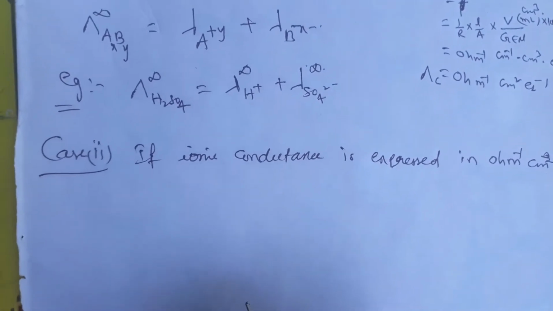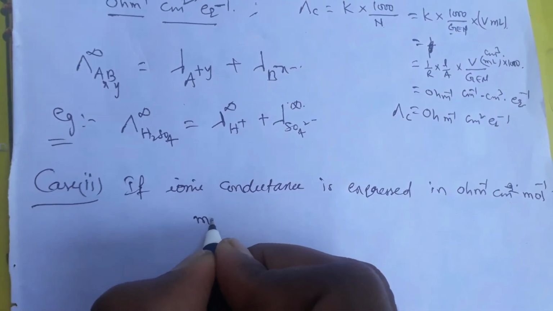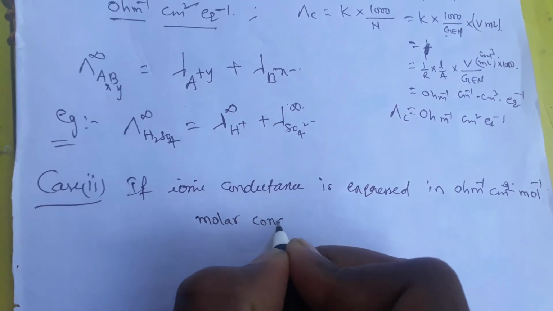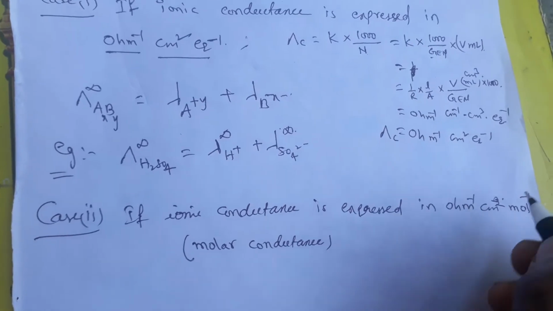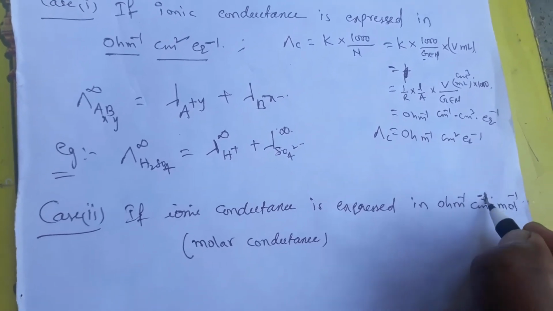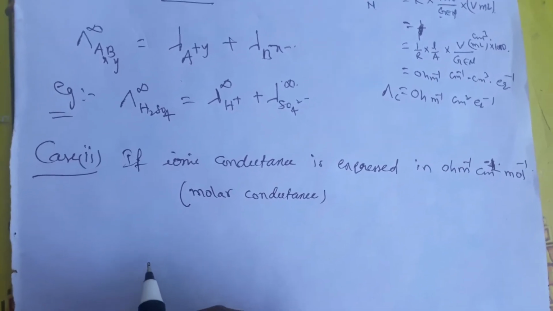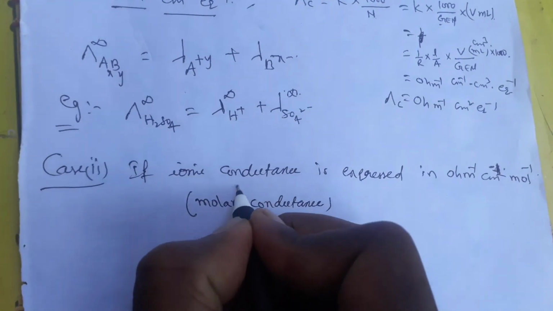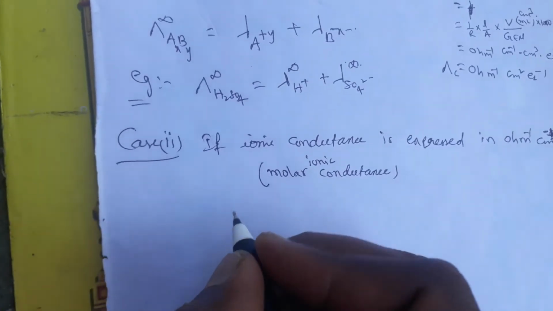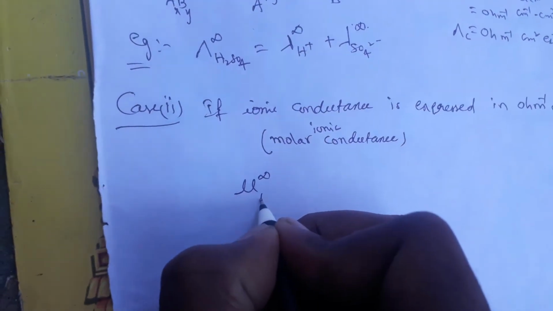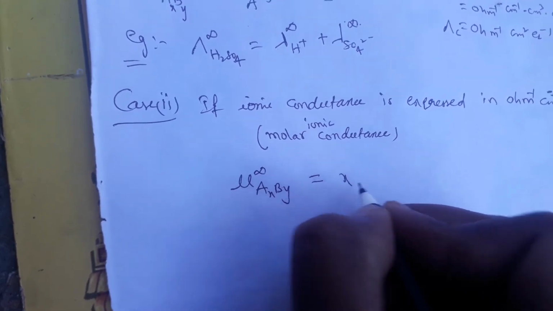If expressed in ohm inverse, centimeter square, that is molar conductance. So here it is molar conductance, ohm inverse, centimeter square, mole inverse. If mole inverse is given, we call it molar conductance, molar ionic conductance.